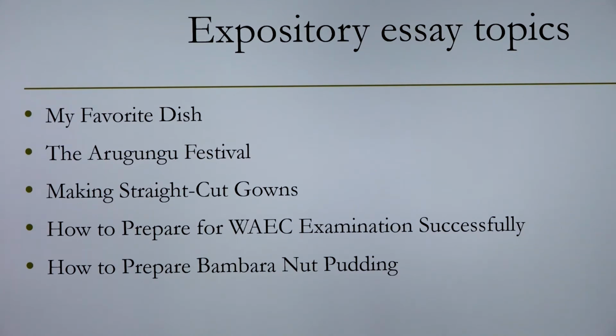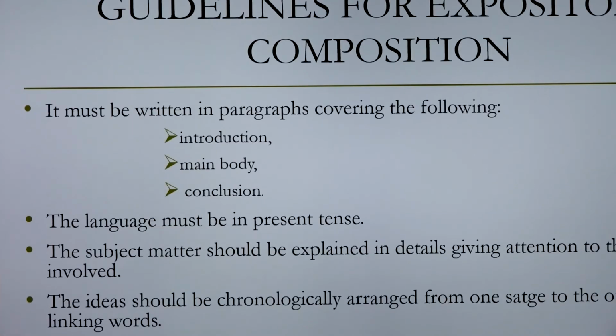So expository essay is well detailed. Let me stop at that particular topic. It's a detailed explanation of the process of something, or how something is done, or how an occasion is being celebrated by a particular group of people. So these are the things you should take note of in an expository essay.